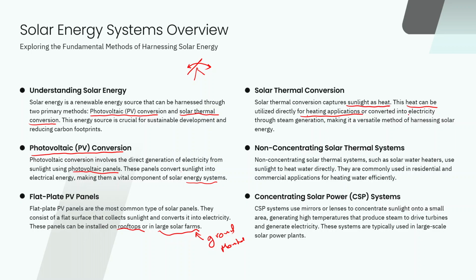And with modern technology, you can also convert this heat into electricity through steam generation, making it a very good method to harness solar energy to produce electricity. We will look at these technologies in detail soon.